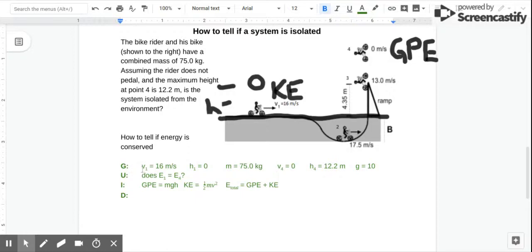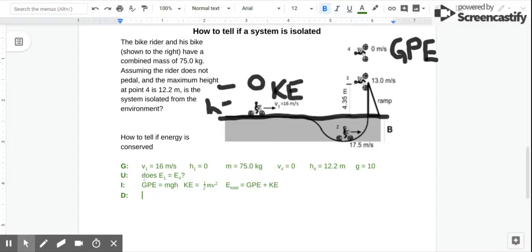For the guide, I set it up so we're going to compare 1 and 4. I wrote down that V1 equals 16, H1 equals 0, the mass was 75.0 as given, V4 equals 0, H4 equals 12.2, and G equals 10. Remember, we don't use the sig figs from G equals 10.